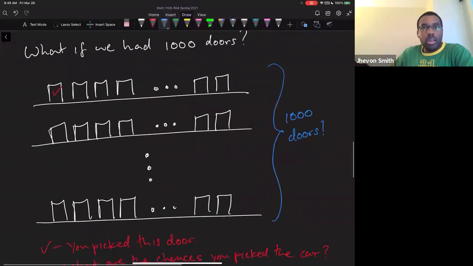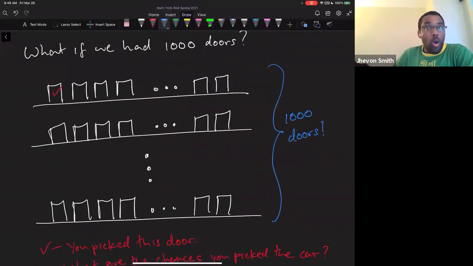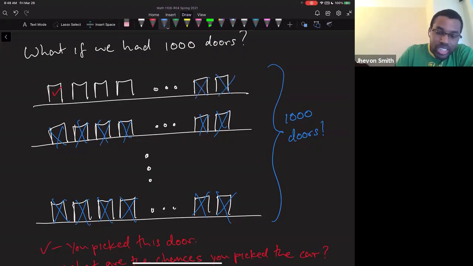So Monty's like, oh, you picked door number 1? Well, looky here. Goat, goat, goat, goat, goat. He's really putting it on you right now. You're just seeing goats all over the place. You're like, holy man, really, goat, goat, goat, goat.